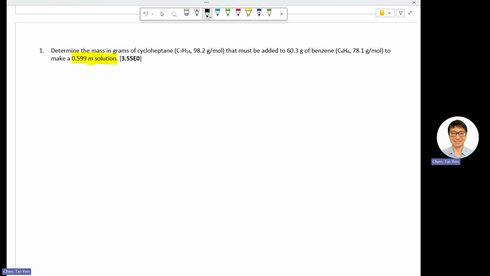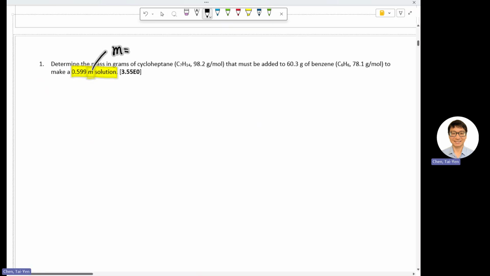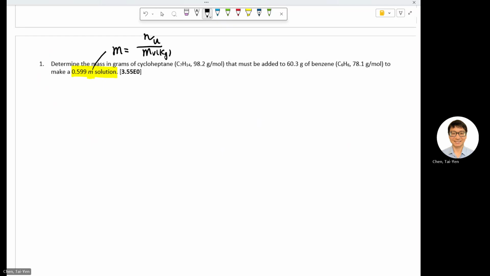Once you see that, you already have a plan. So it is very important that you recognize the keyword, because it helps you come to the equation really, really fast.